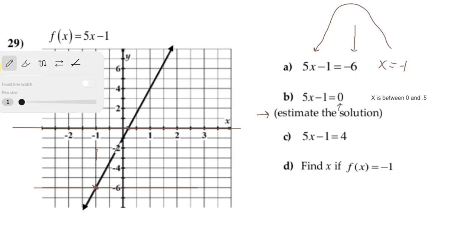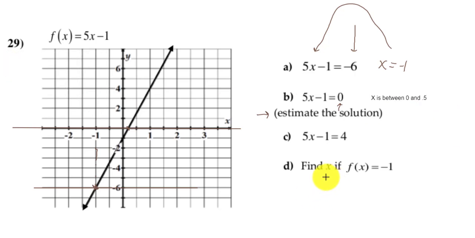Let's keep moving. One more. This should do it. So now it says find x if f of x equals negative 1. Remember, f of x and y are the same, so I could say y equals negative 1 or f of x equals negative 1. You still have to draw a horizontal line at negative 1.